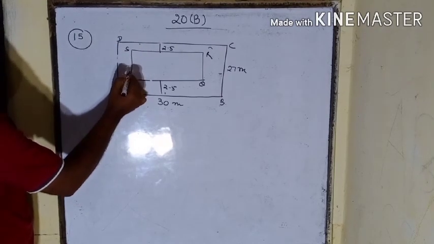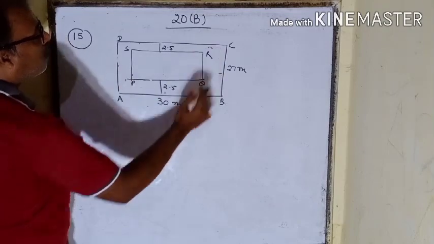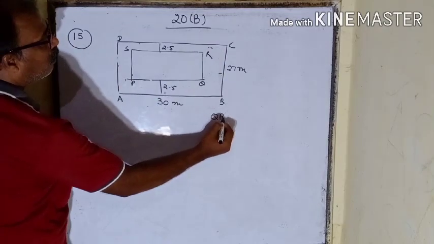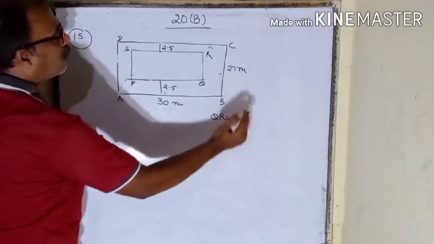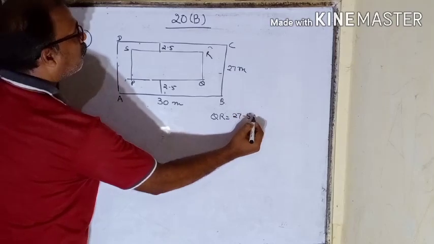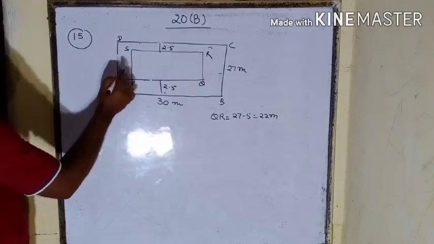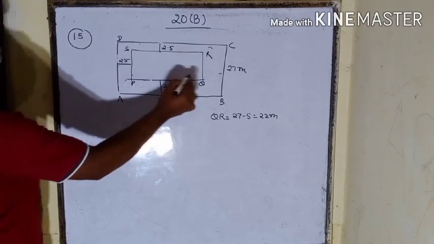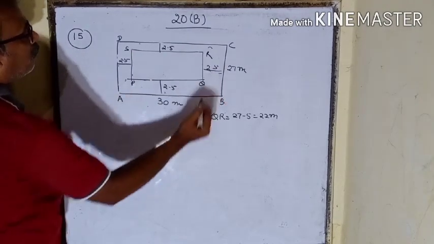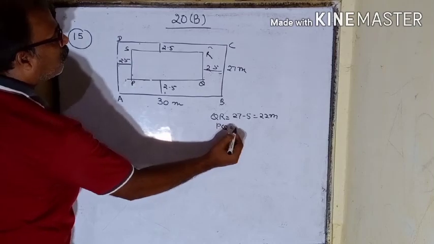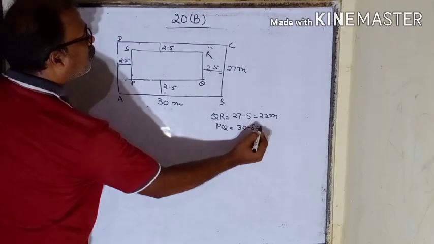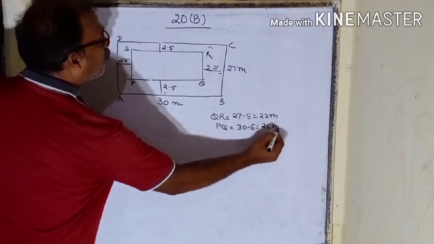So the length of QR will be 27 minus 5, that is equal to 22 meter. And the length of PQ will also be 5 less. So PQ will be 30 minus 5, that is equal to 25 meter.